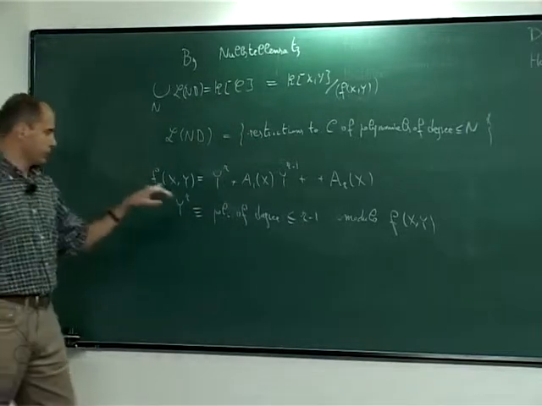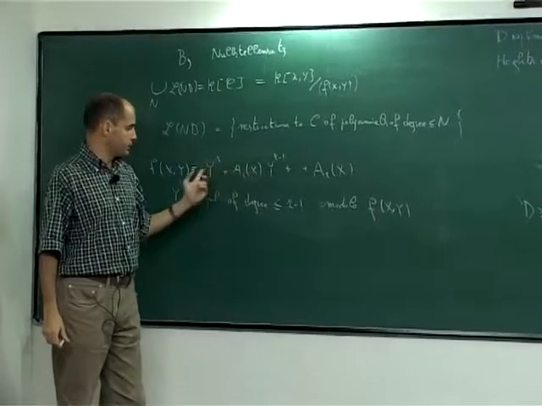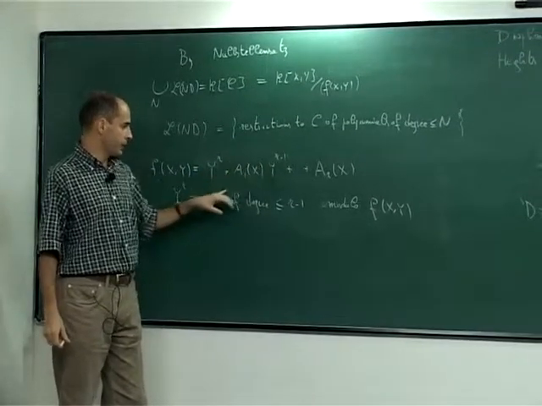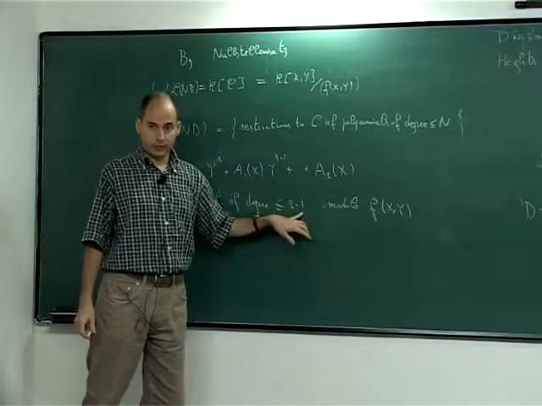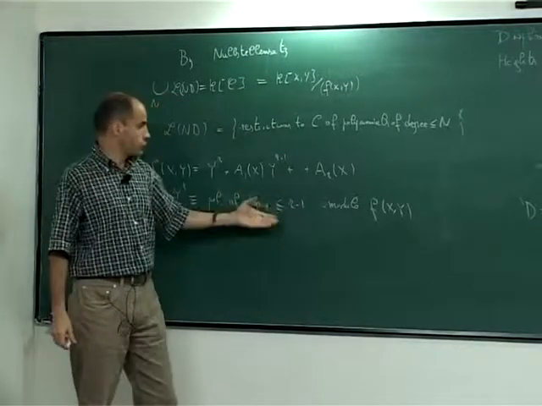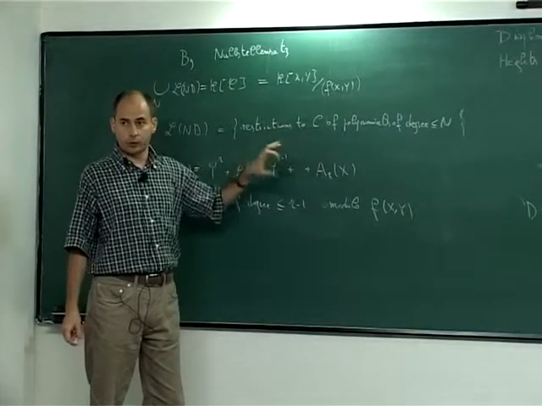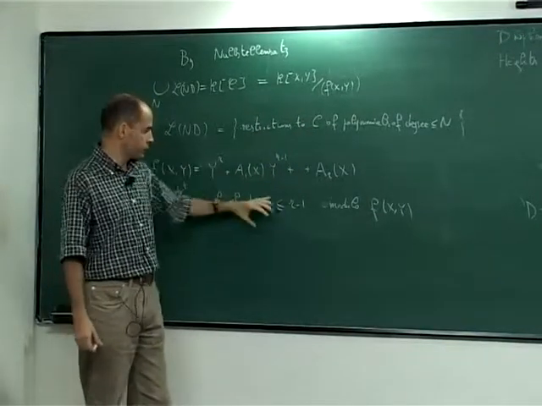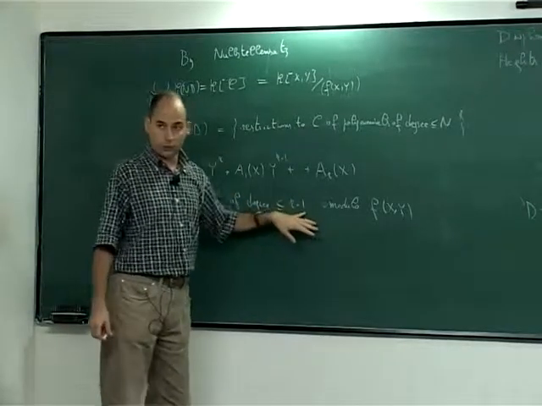So every polynomial in x, y can be rewritten as a polynomial of degree at most r minus 1 in y, which will induce the same function on C.